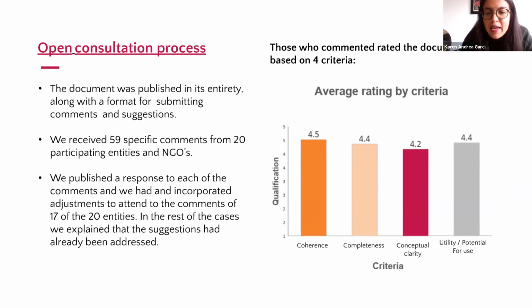It seems that the document is clear and is going to be useful or available for using, at least because we have more than 4 in each one of the criteria that we proposed to our commenters. And we received 59 specific comments from 20 participating entities and NGOs from the national statistical system here in Colombia, including public institutions, for example. Next slide, please.